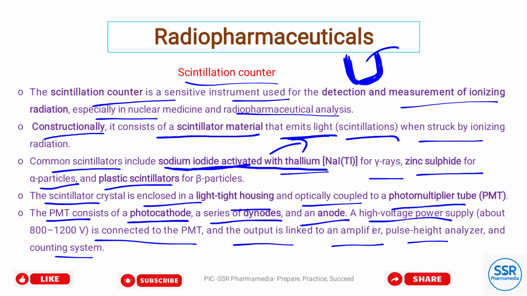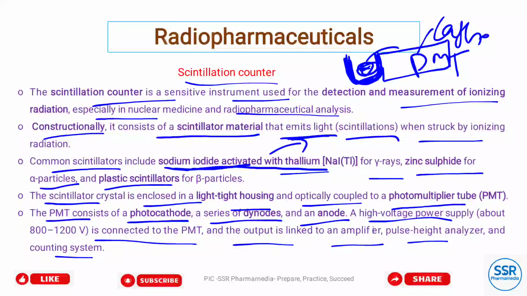Whenever we want to measure the radioactivity of a substance, we keep that substance inside the scintillation counter. The scintillation counter is connected with the photomultiplier tube, and the photomultiplier tube contains a cathode and an anode. So there are two parts in the scintillation counter.